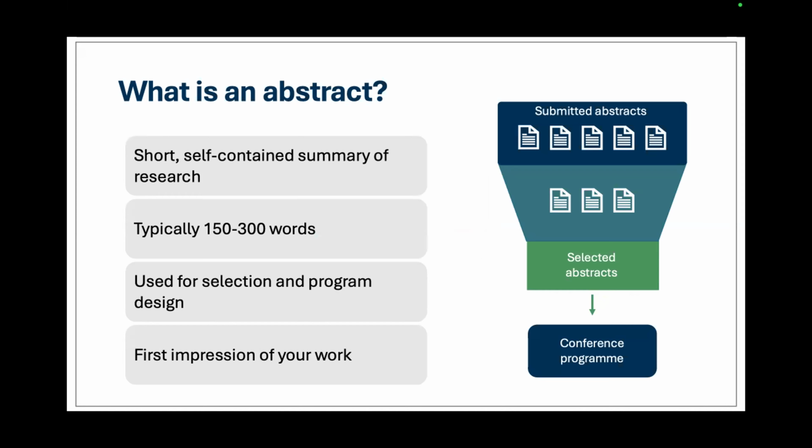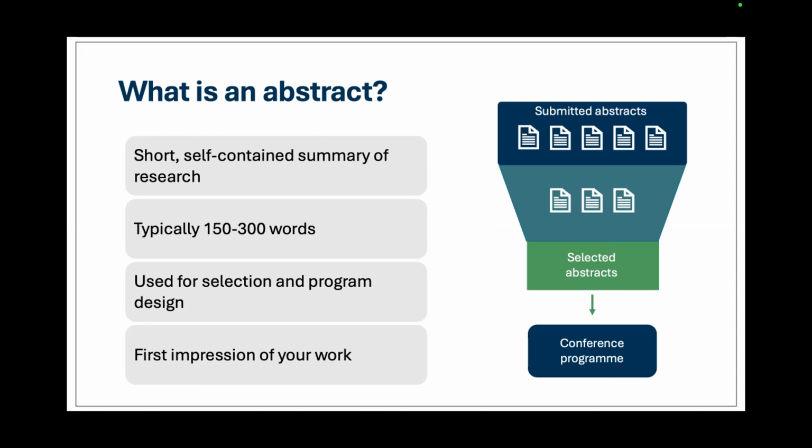Okay, so let's start with abstracts. This slide here is probably the most important conceptually, and it explains why abstracts are important. They are essentially just a short, self-contained summary of your research, around 150 to 300 words. But importantly for conferences, this is the first impression that people get of your work.